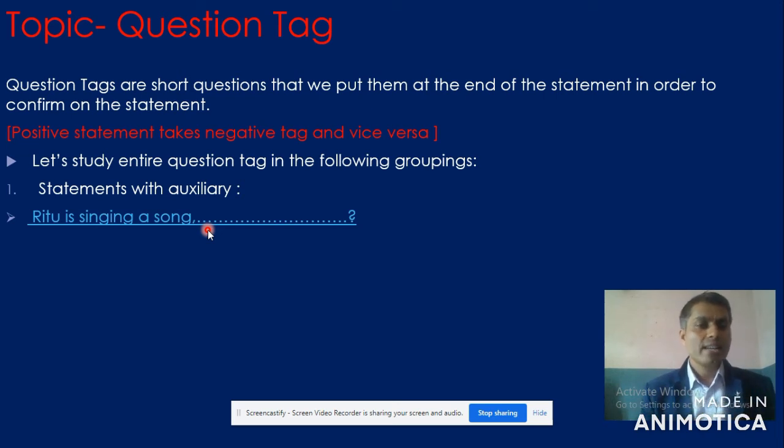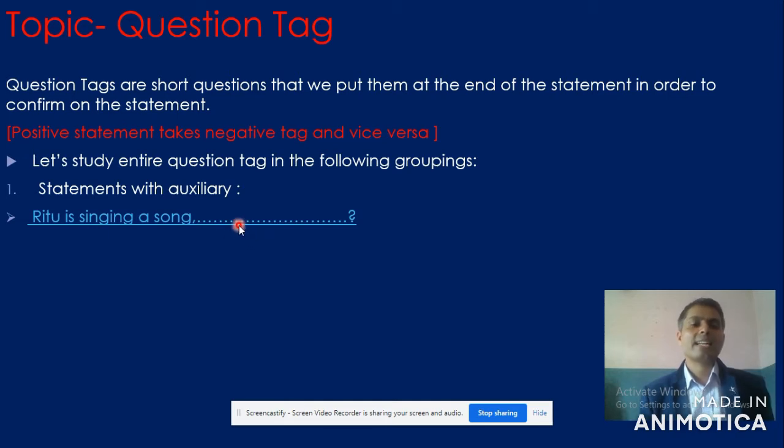Contracted isn't. Then we do not write Ritu here because the noun changes into a pronoun. So what is the pronoun of Ritu? Can you please think for yourself? Of course, very good. Its pronoun is she. So isn't she is the question tag.